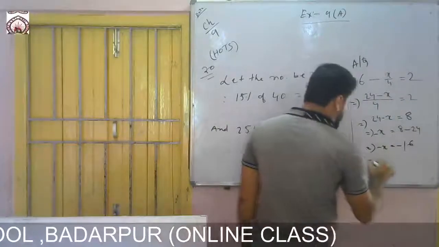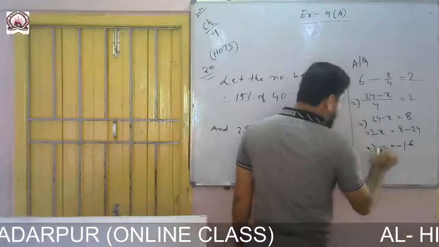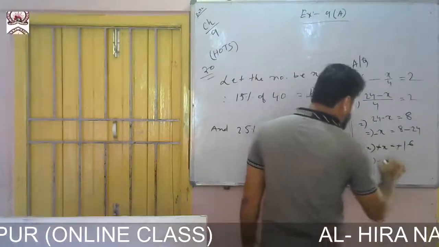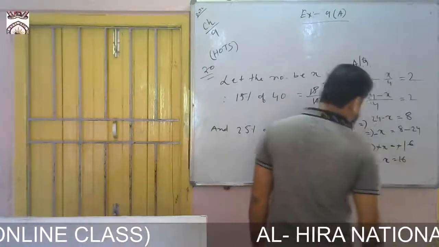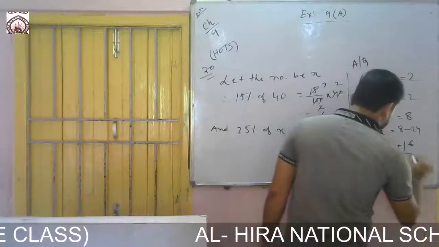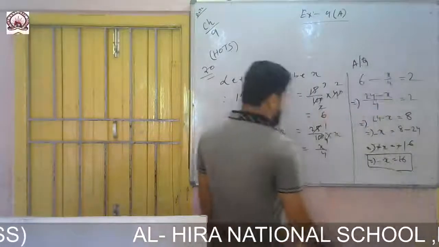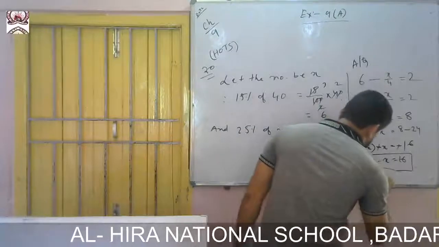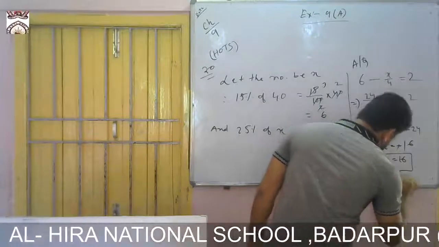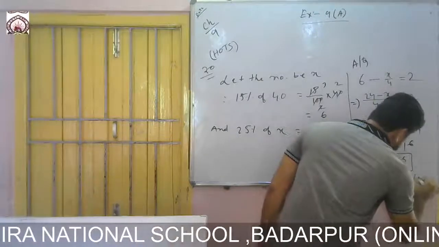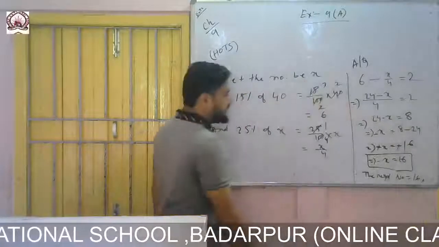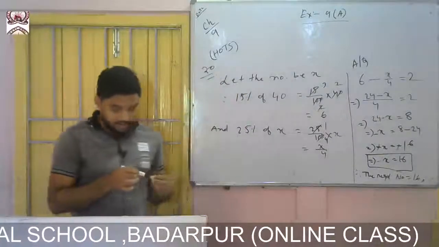Minus minus will get cancelled, so X will be 16. So this is the required number. Therefore, the required number equals 16.